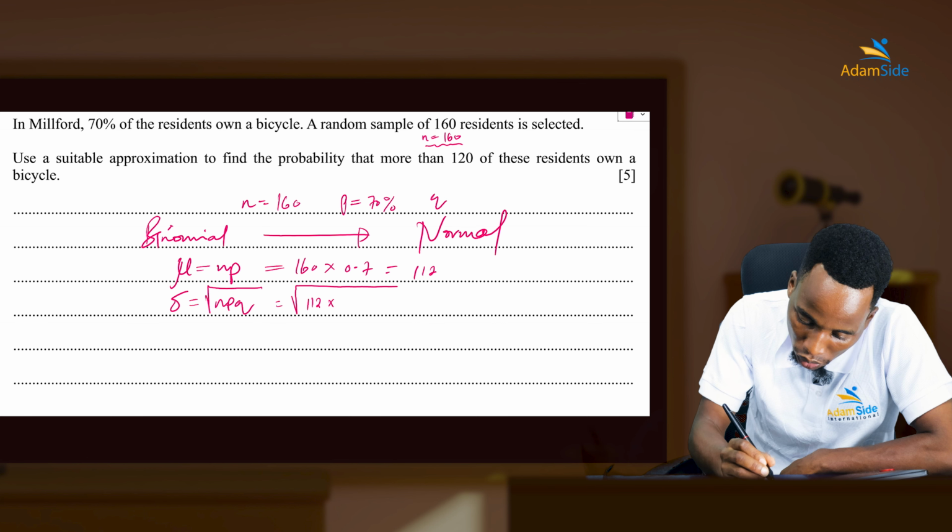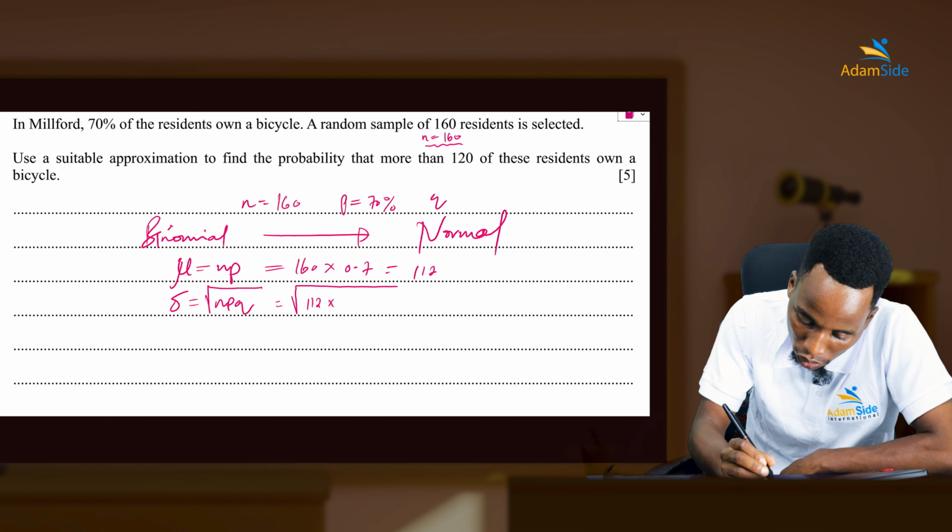So if we draw, it will be 112. We are looking for the probability that more than 120 of these residents own bicycles. So we expect 120 to be after the mean. More than, so we shade the right side. So we are looking for this area.